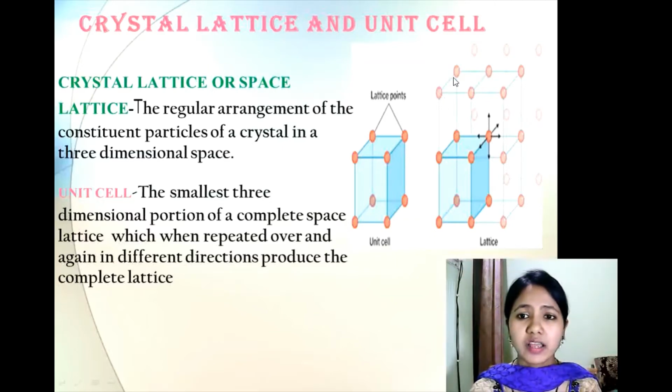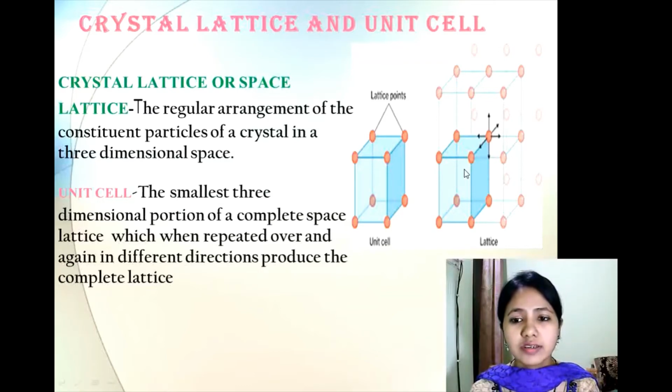These points are occupied by the constituent particles, which may be atoms, ions or molecules. The third feature is that these points are joined together by lines. These lines are just imaginary lines to give a particular geometry to the crystal lattice. So this is all about the crystal lattice.